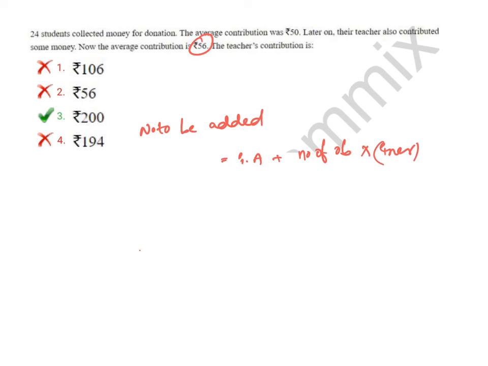For increase it is plus, for decrease it is minus. Already you have the average of 50. Now 24 plus teacher is 25, increase in the average is 6. Therefore 50 plus 150, that is 200 rupees the teacher gave.